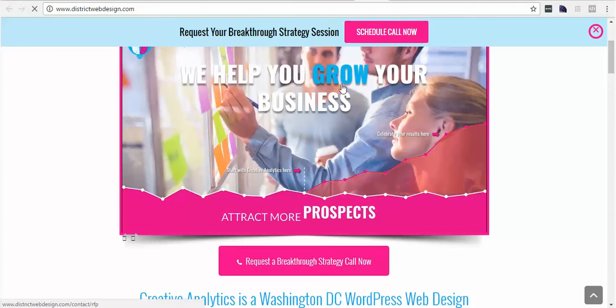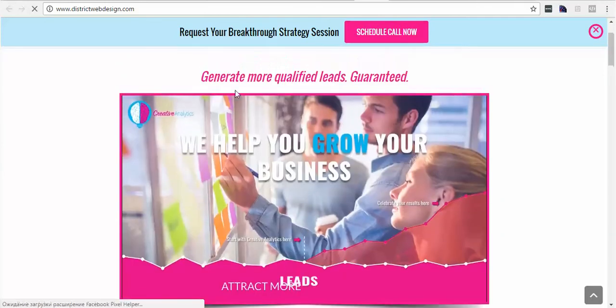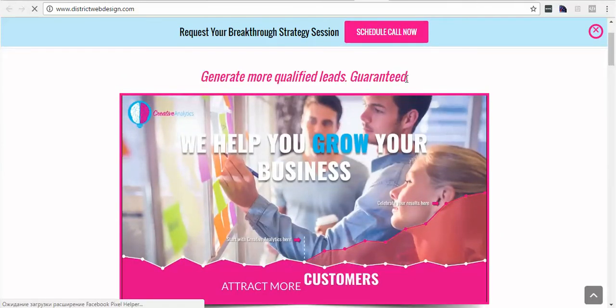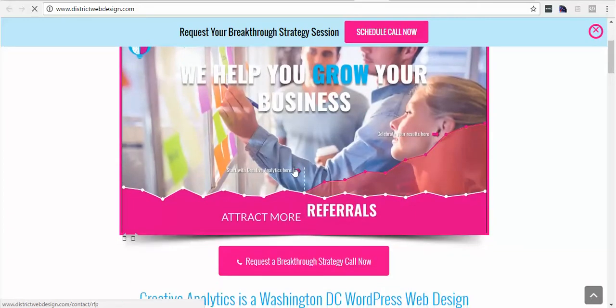So in this case, let's take a look at the headline again. If you're going to use this sort of basic headline with not a lot of detail, then you sort of have to follow up in this section to expand on the main benefit that you've given here. So "we help you grow your business" is pretty basic.